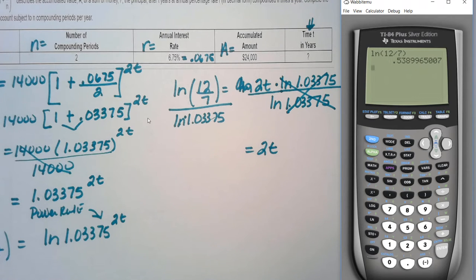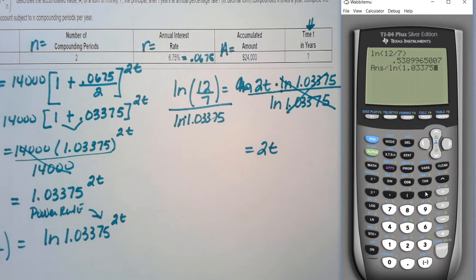So we see what the numerator is here, ln of 12 over 7. And then we're going to divide this by ln of 1.03375. So let's press divide, then click ln and type in 1.03375.